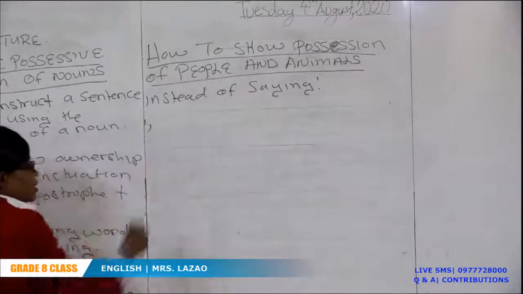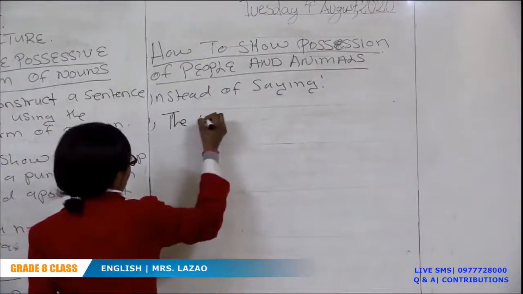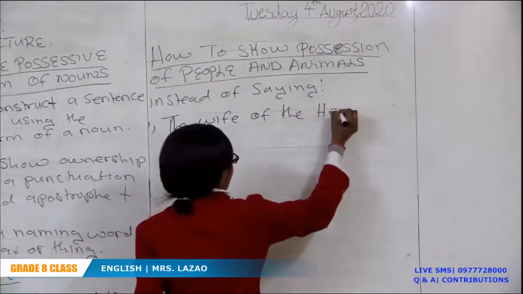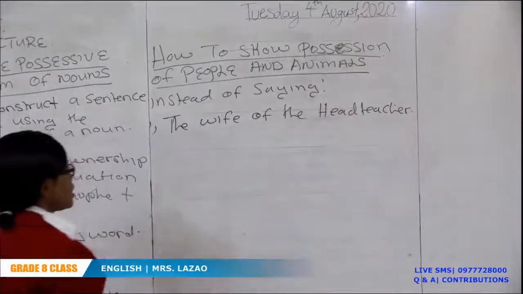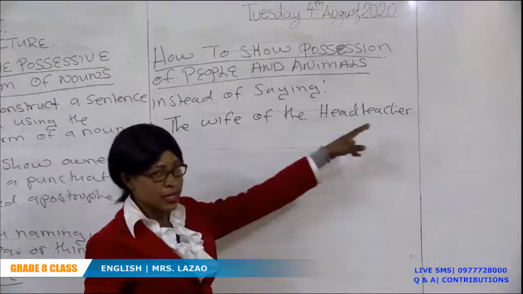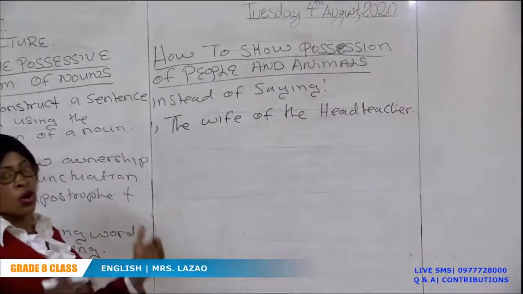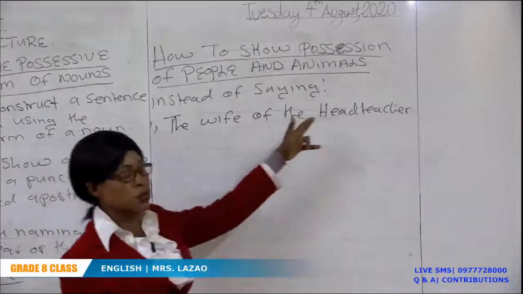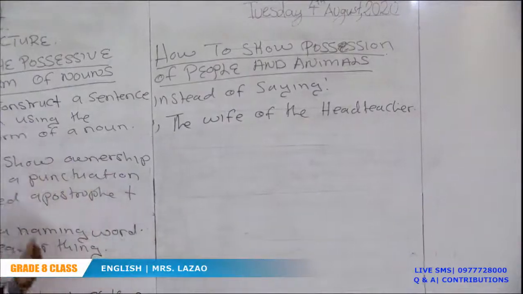Okay, we have a sentence there. Instead of saying the wife of the head teacher, if we want to show possession, to say the wife belongs to the head teacher, how do we construct a sentence?